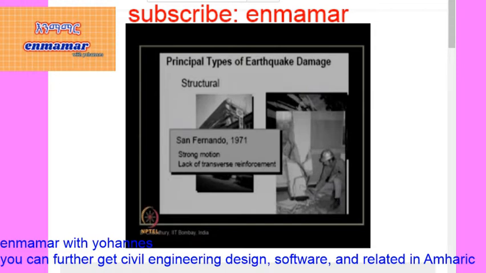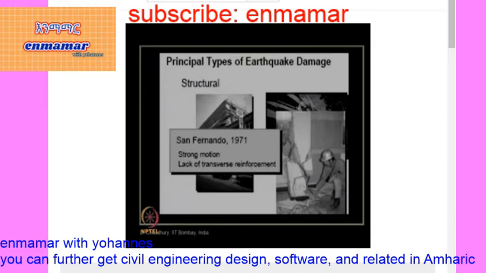Then another example of structural damage occurred during the San Fernando earthquake of 1971. You can see the picture of the structural damage. That was because of the strong earthquake motion, and there was a lack of transverse reinforcement.